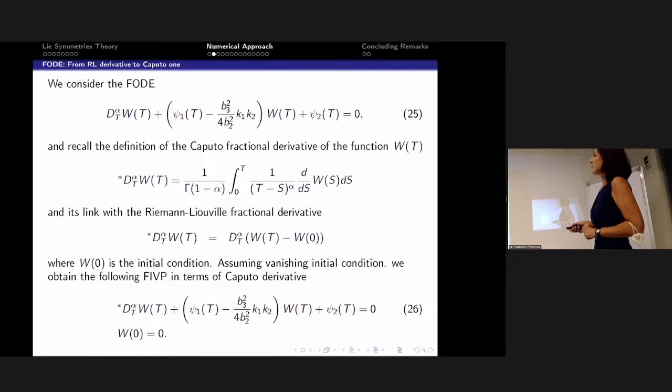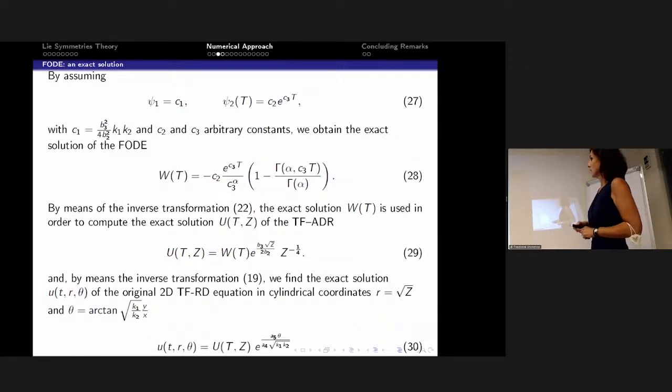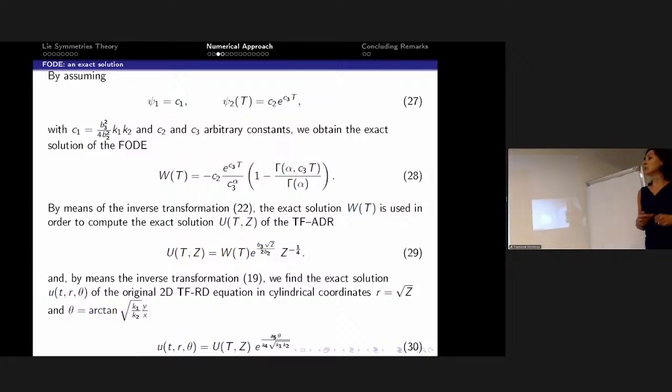Now, in order to perform a comparison and show the reliability and efficiency of our procedure, we show you an example of exact solutions of the fractional ordinary differential equation given by number 28.